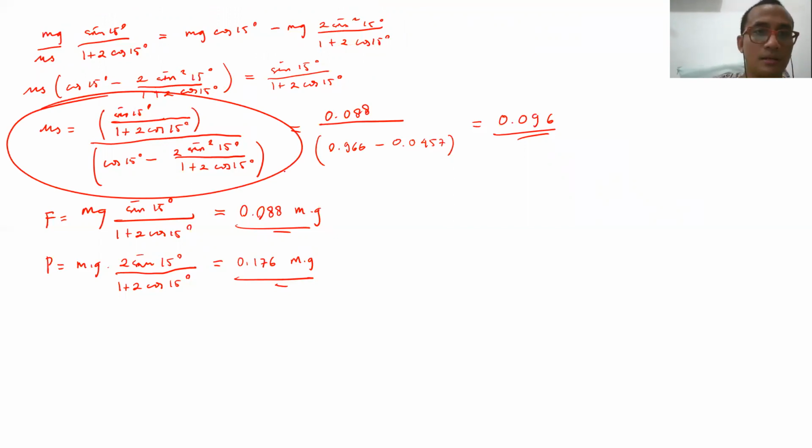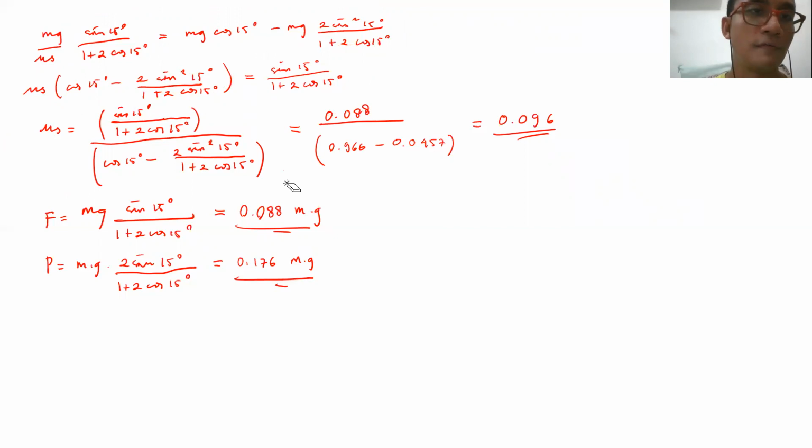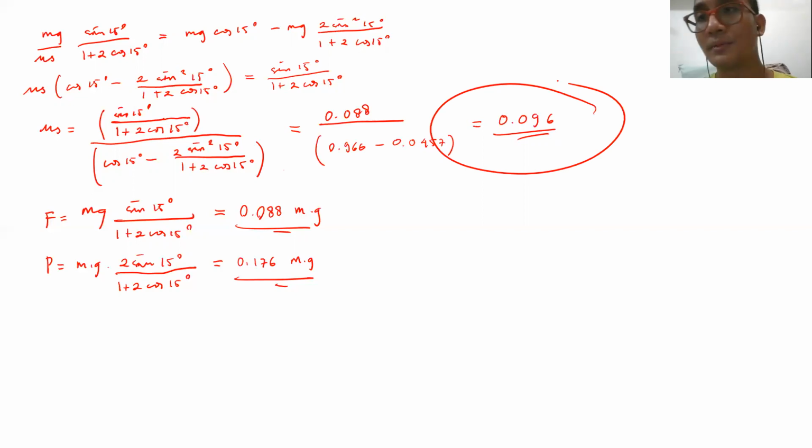Because sin 15 degrees and cos 15 degrees have known values, by putting the values there, we will get this. This is the minimum value of mu s in order to make the cylinders not slip at all.